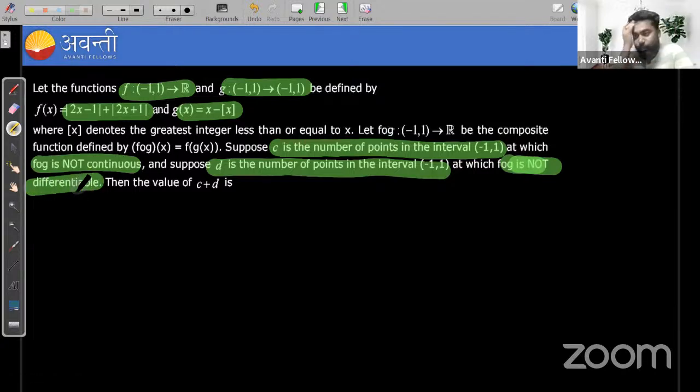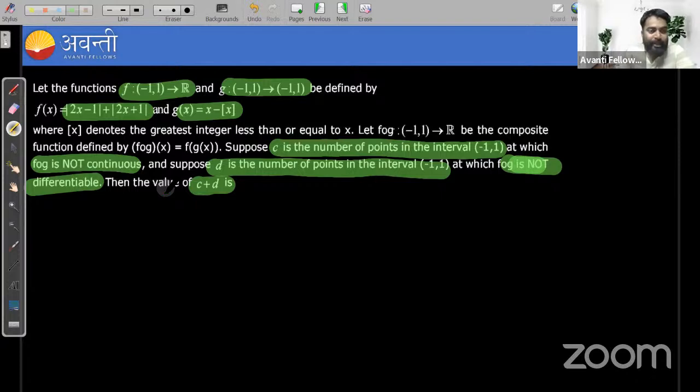So basically you need to find c and d, and you are asked to find c plus d. What is the value of c plus d? Right? What is c? C is the number of discontinuities in the interval minus 1 to 1 of the function f of g of x, and d is the number of points of non-differentiability in the interval minus 1 to 1.